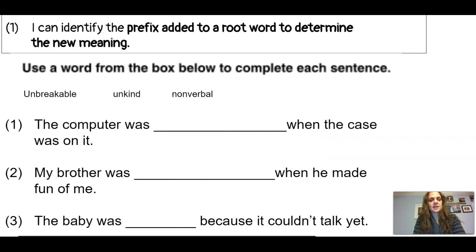So here is the workbook page that mimics the workbook page you will complete today. I can identify the prefix added to a root word to determine the new meaning. So we're going to use a word from the box below to complete each sentence.